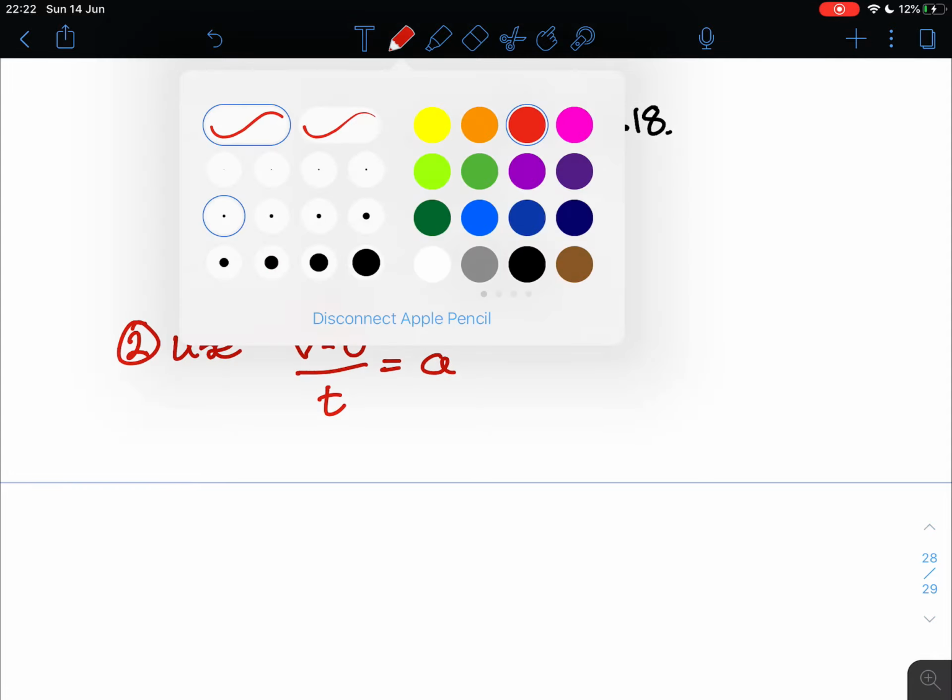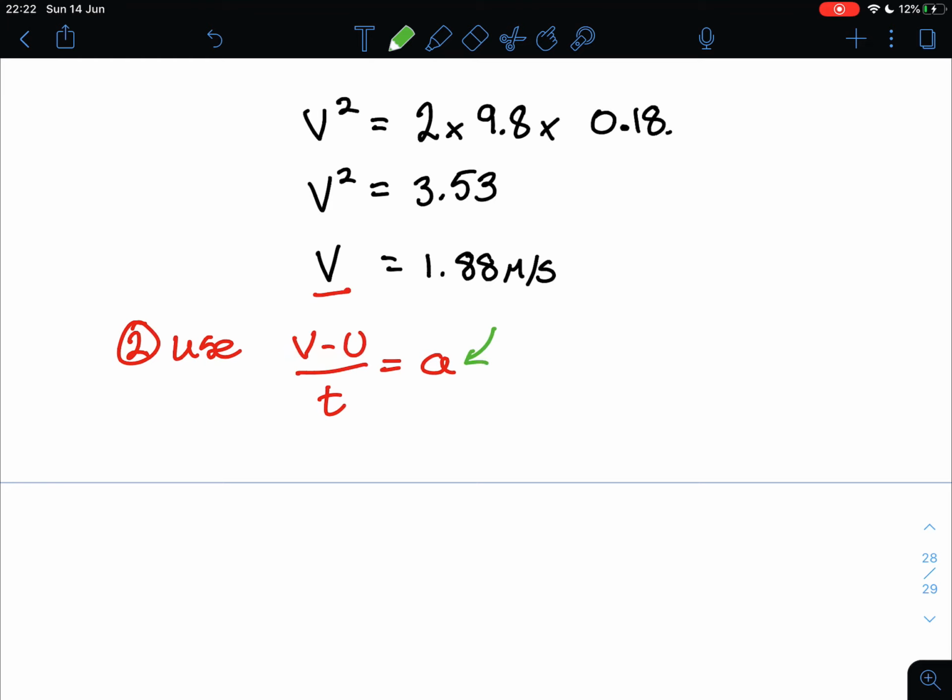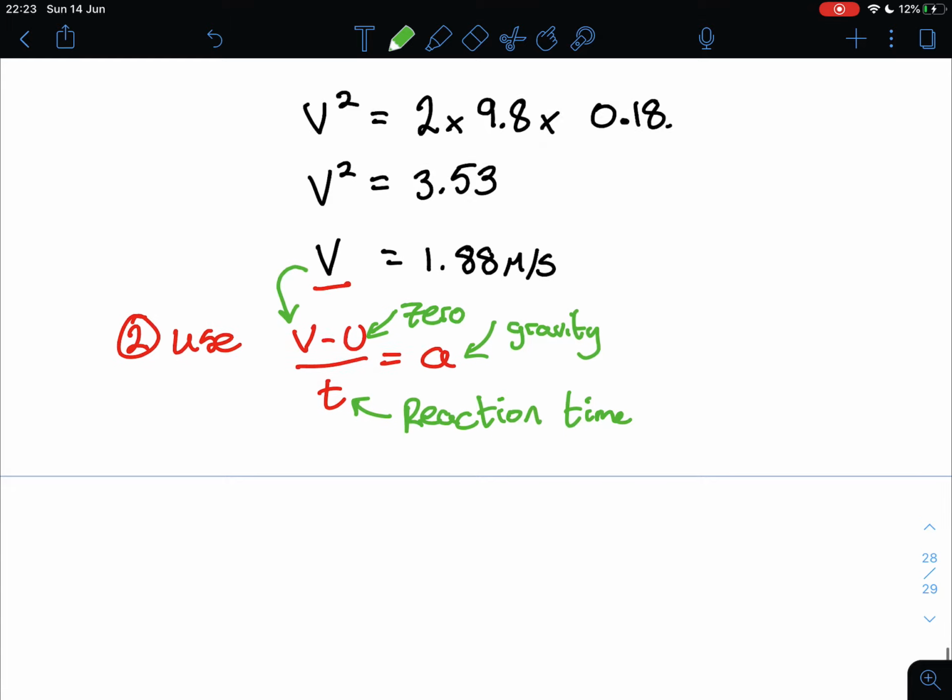And again, we've got some things going for us. This is gravity again. This is 0. This we now have, and this here is what we're after. This is your reaction time, the amount of time it took for that ruler to reach that speed.